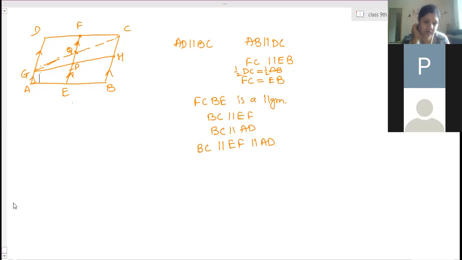Should we join PR in the fifth one? Yes, you can join PR or SQ, anything. Exactly the same way as we have solved. Two triangles, parallel lines, so one is the midpoint; you have to use the converse midpoint theorem. Then 3, 5 and 6.